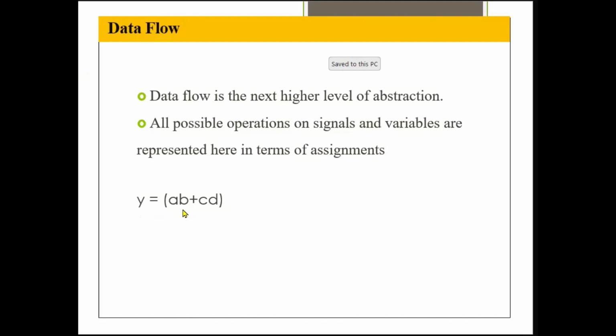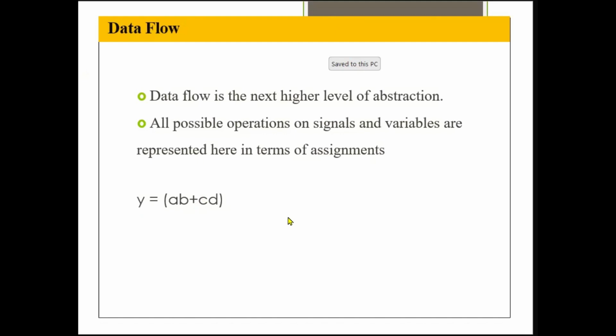This means the AND operation is performed between A and B and also between C and D. So AB and CD are ORed together and the whole output is assigned to the output called Y. Here we are describing the inputs and the outputs using some symbols in the data flow modeling.